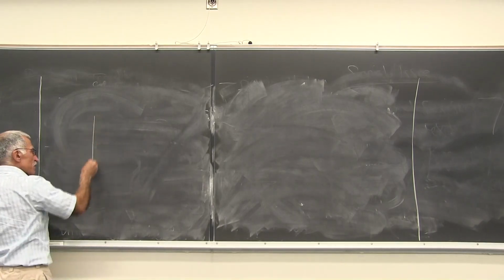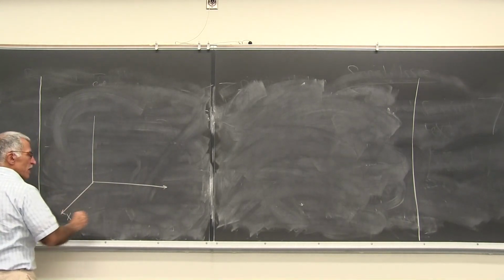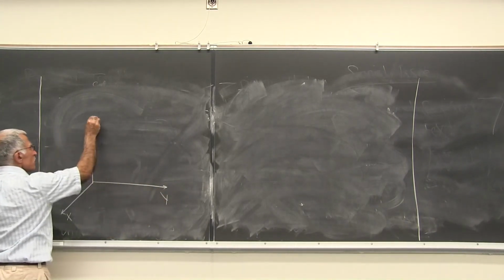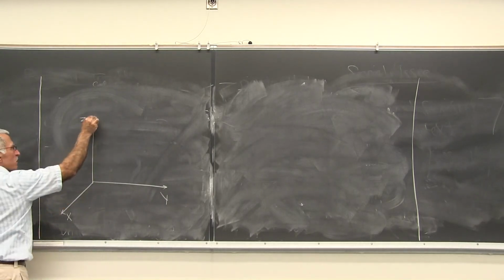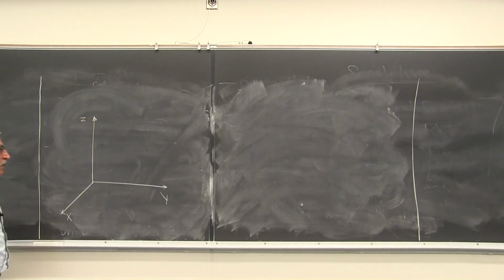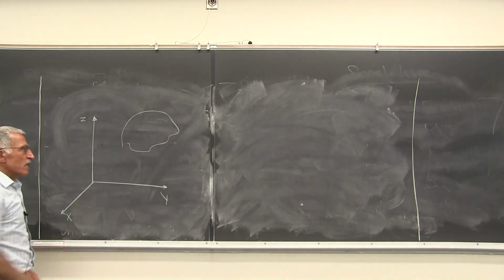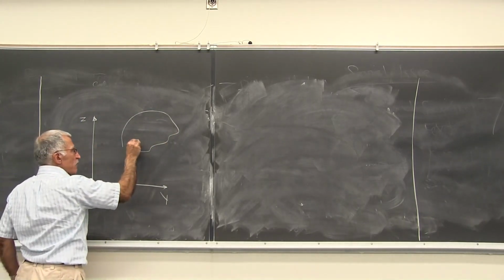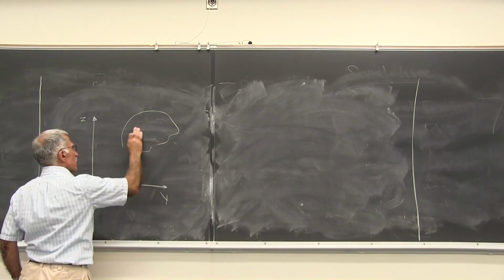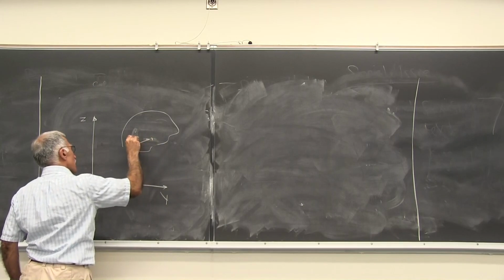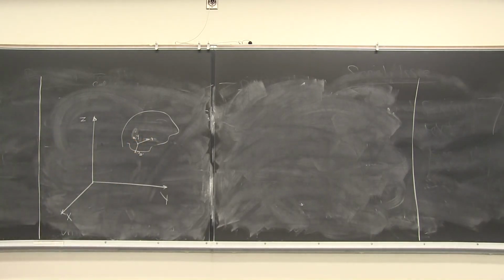So let's say that our main reference frame is here. Main reference frame, that's capital XYZ. Now, this is the object, maybe a car, and then you attach some auxiliary coordinate system with respect to here.